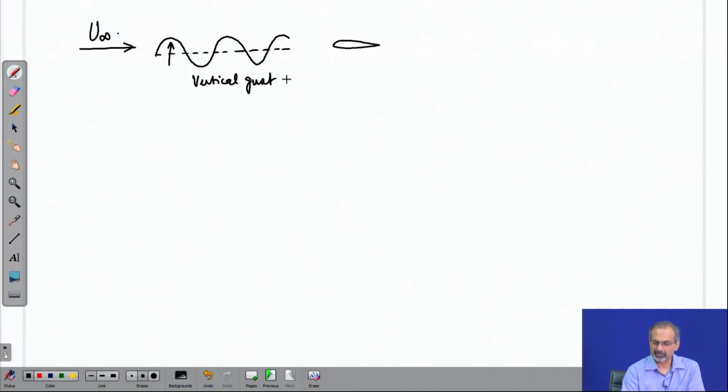So, one is the vertical gust, which is a function of space, the other is the uniform velocity, and then the airfoil, as it moves through the combination of these two velocity components, will actually see a time dependent generation of lift because of the spatial variation of the flow field through which it moves.